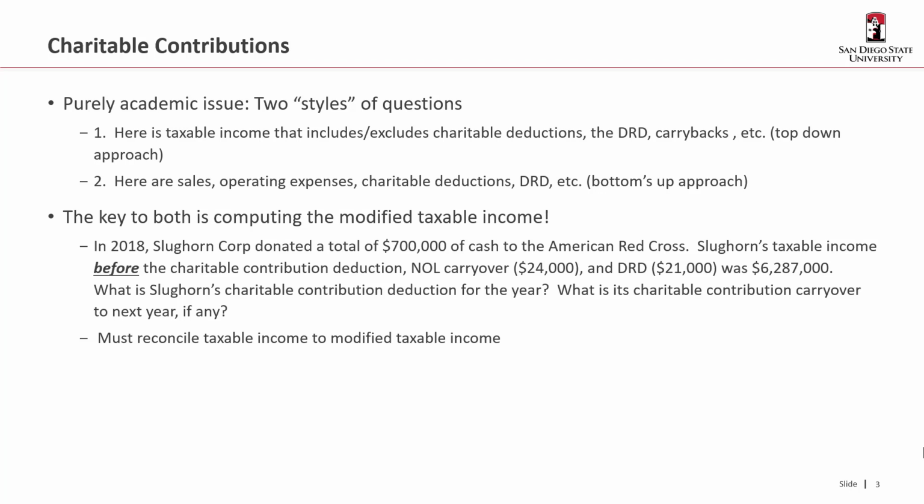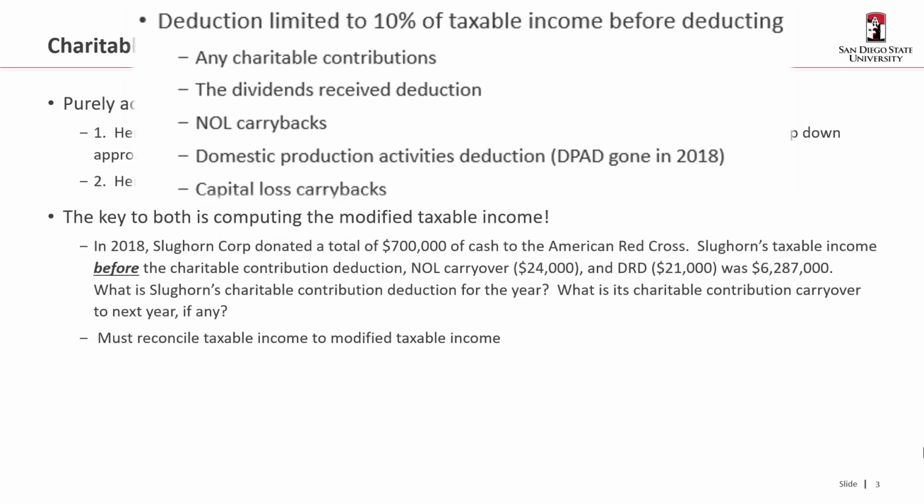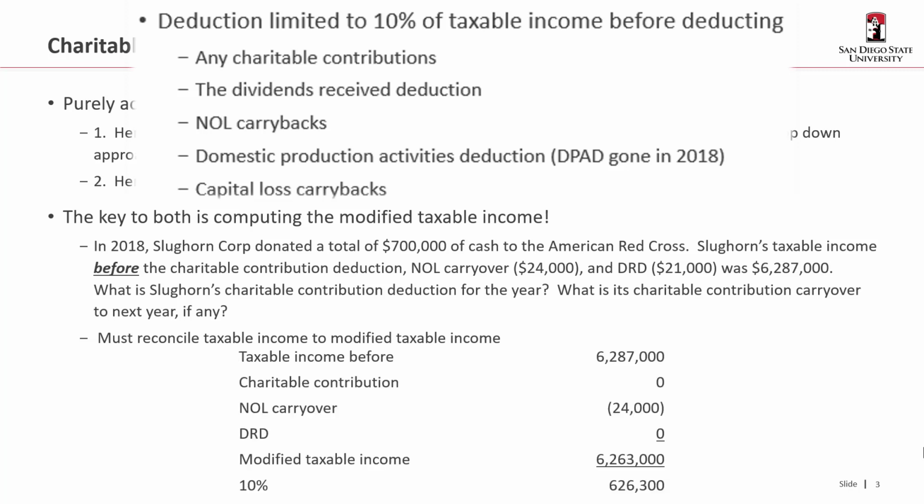So the way we need to fix this is we need to reconcile that taxable income before to modified taxable income. So we have our chart of our little helpers available, and we can simply start with taxable income before the charitable contribution. Well, if it's taxable income before that, then we don't need to add it back.